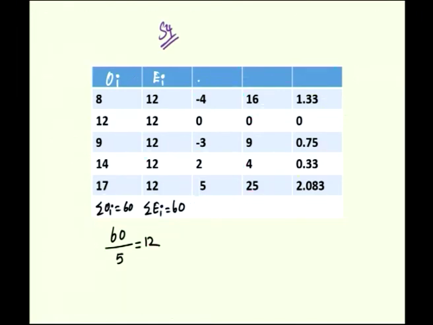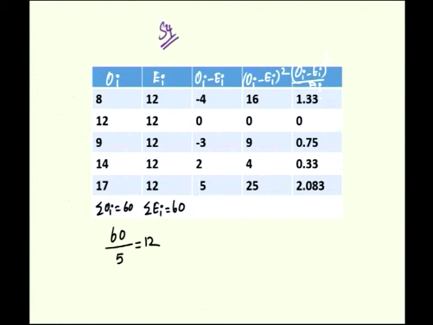The next column is OI minus EI, that is 8 minus 12 is minus 4, 12 minus 12 is 0, like that this column is formed. Then the next column is OI minus EI whole square. So, minus 4 square is 16, like that this column is formed. Then this column is OI minus EI whole square by EI, that is 16 divided by 12.